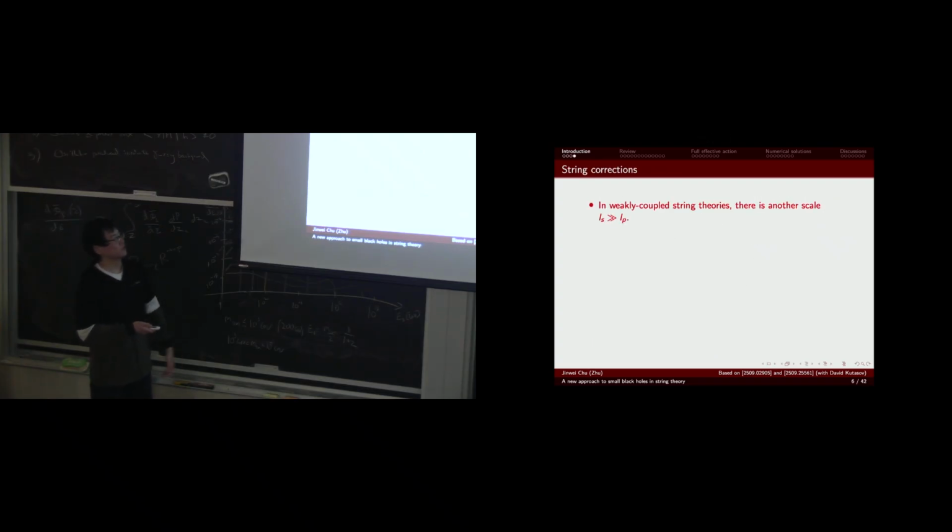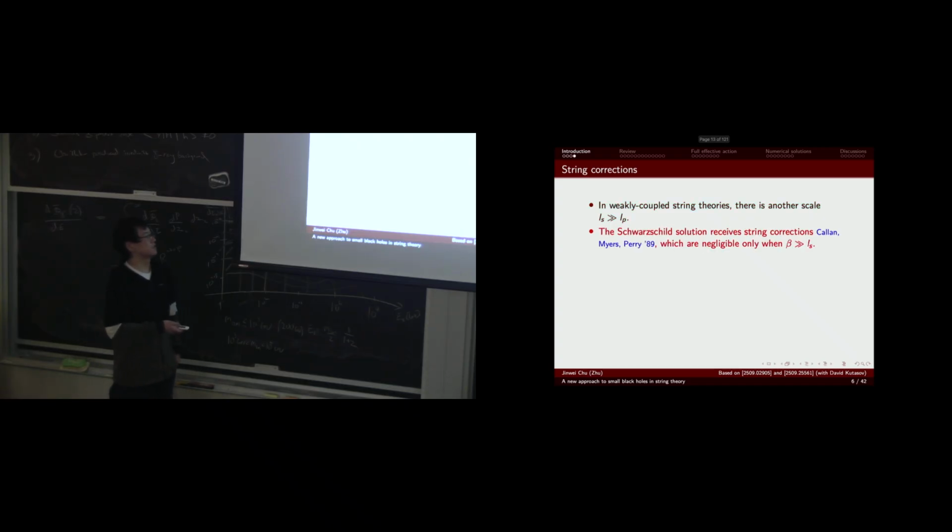In weakly coupled string theories, there's another scale, namely the string length denoted by l_s, and it is much larger than the Planck length l_P. As a result, the previous Schwarzschild solution receives string corrections, for example, as calculated by Callan, Myers, and Perry. These corrections are negligible only when beta is much larger than l_s.